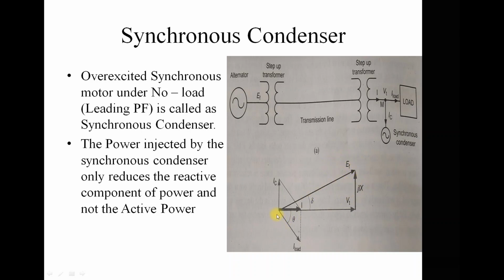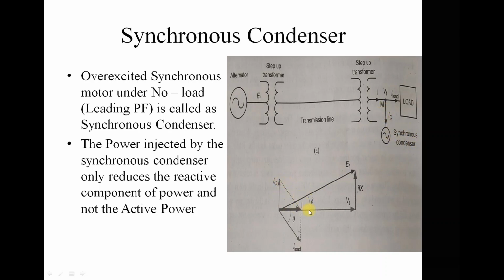Now if the load current is lagging in nature, that load current will make an angle theta with this VT, and we also have this del. Since this motor is working at leading power factor and is an over excited synchronous motor, the current given by this synchronous condenser will be this IC.